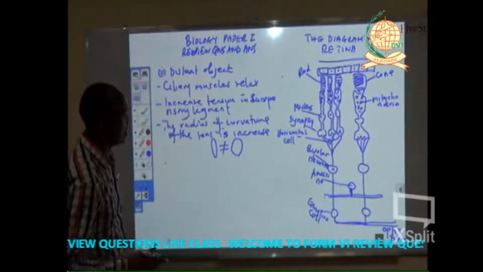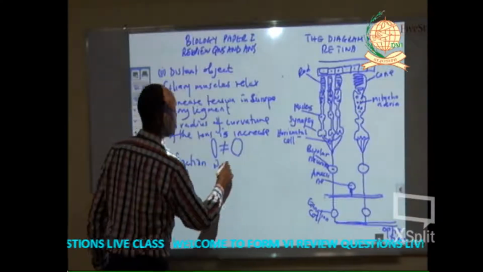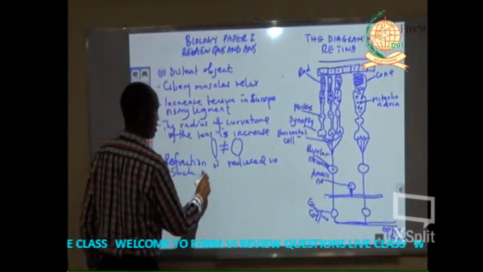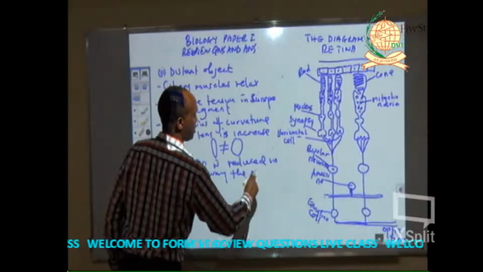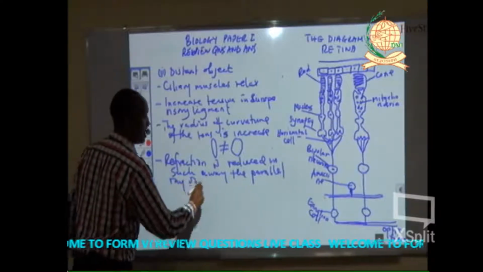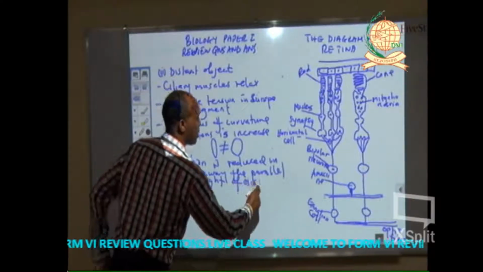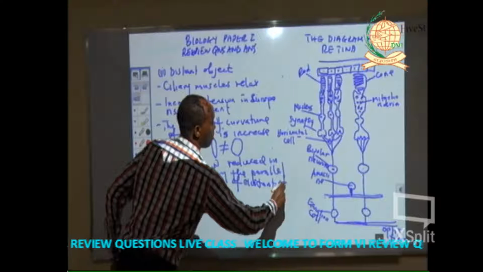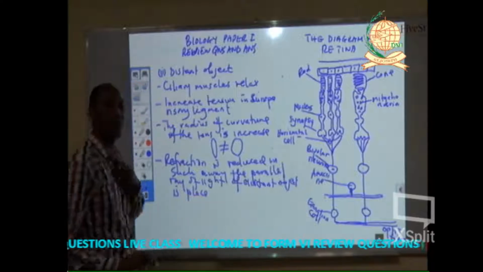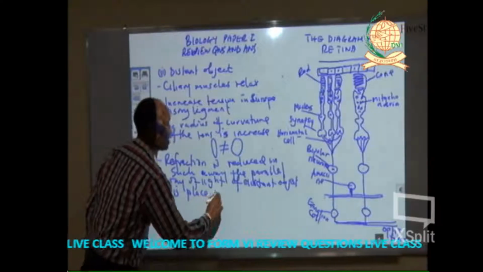If it is increased, refraction is reduced, in such a way that the parallel rays of light of the distant object fall properly on the retina.